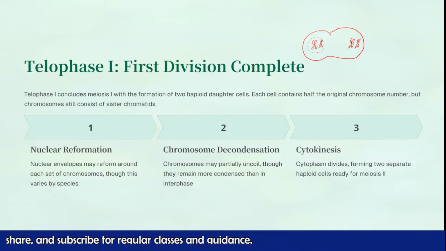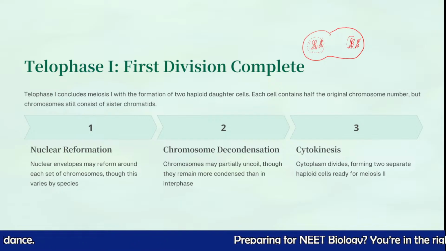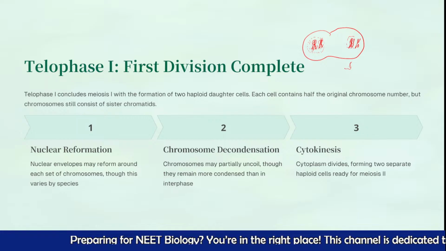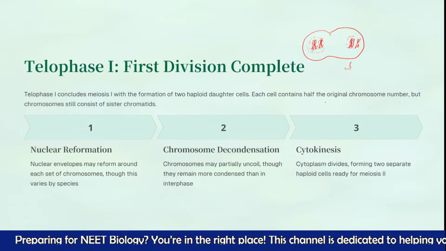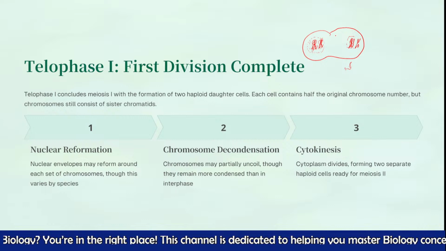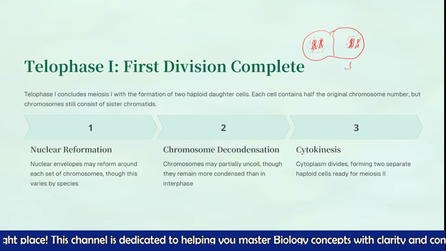Slowly the nuclear membrane reappears, and the chromosomes become chromatin threads. Threads of chromatin will be formed. Then finally, it goes for cytokinesis. What is cytokinesis? The cytoplasmic division.